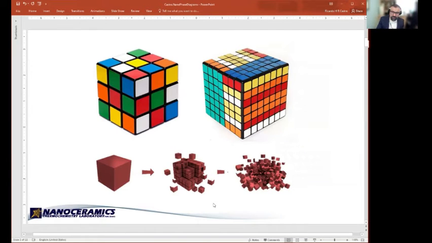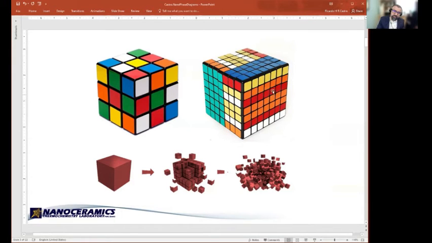So let's go back to nanomaterials and why nanomaterials are so different. One of the things we have to understand, when comparing a micromaterial with a nanomaterial, is the number of interfaces. In this crystal here, you have just a few interfaces dividing these 9 cubicles. Here you have an exponentially larger amount of interfaces.